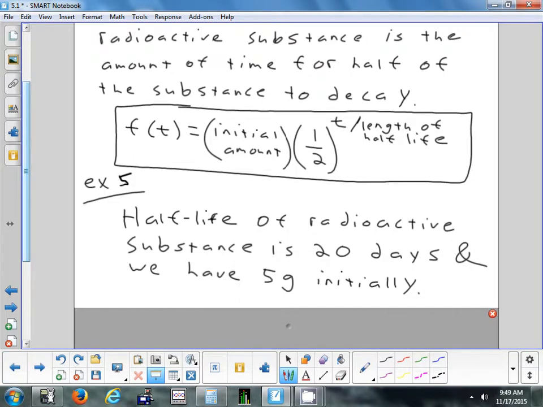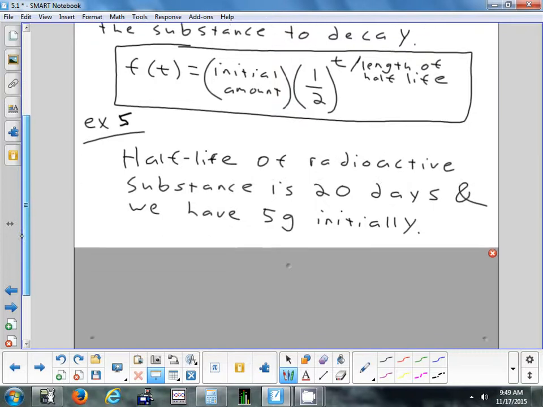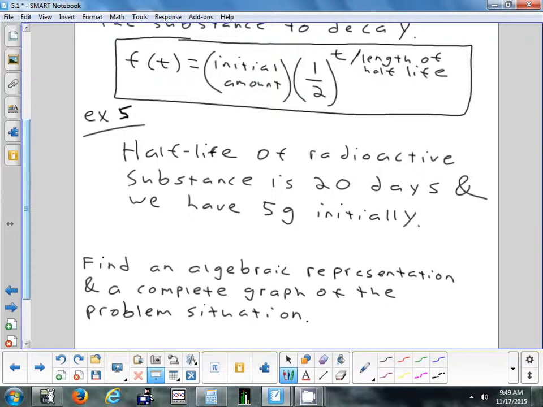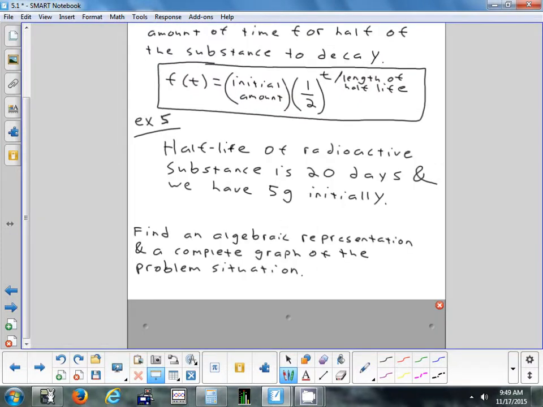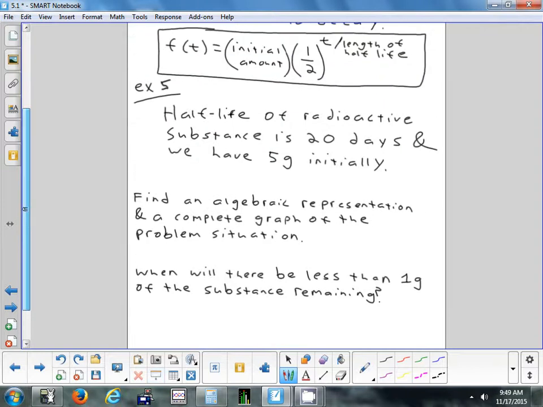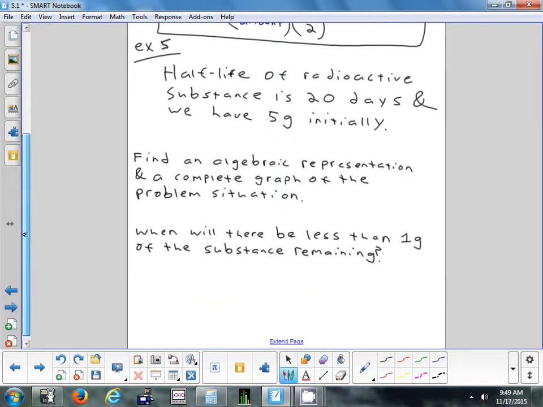Okay, so this one, same basic formula. It's initial amount, except instead of doubling, now we're halving. So just change the 2 to a 1/2 and everything else is the same. All right, so we're going to find an equation that models this, and then figure out when we'd have less than a gram left.